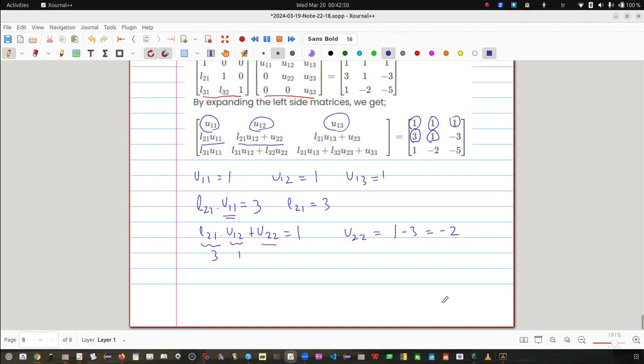And then we go to this term, which is L21 times U13 plus U23 is equal to minus 3. L21 was 3, U13 is 1, and we can find U23 is equal to minus 3 minus 3, equal to minus 6.